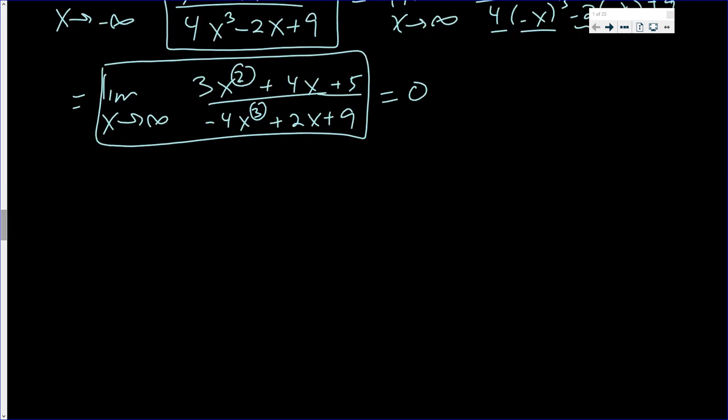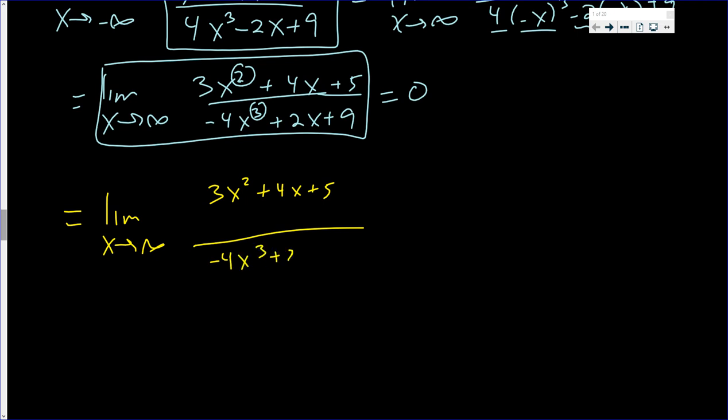But again, sometimes teachers want you to show the work. So we have the limit as x goes to infinity. We have this for the numerator. We have this for the denominator. And what we're going to do is divide numerator and denominator by, well, of the two larger powers, 2 is the smallest.